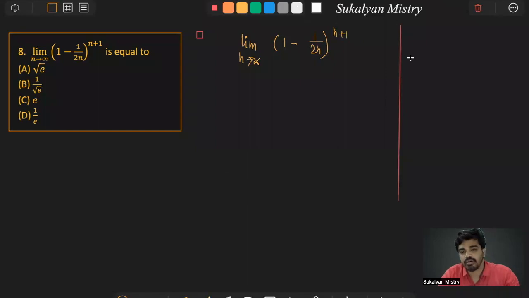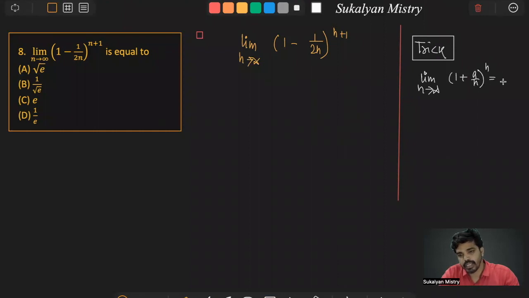Limit n tending to infinity (1 plus a by n) to the power n, that is e to the power a. If there is a minus, that is limit n tending to infinity (1 minus a by n) to the power n, that is e to the power minus a.